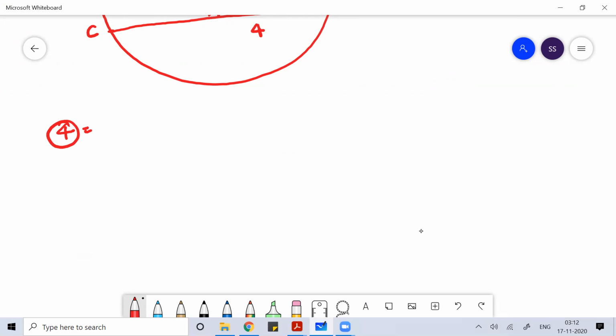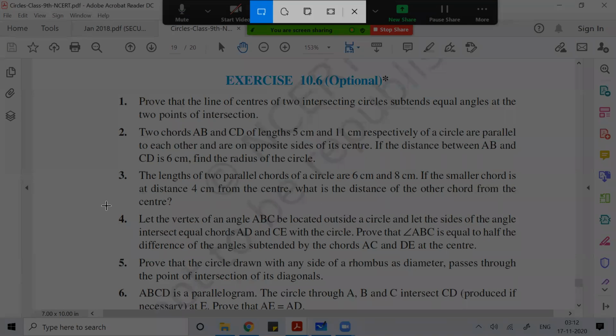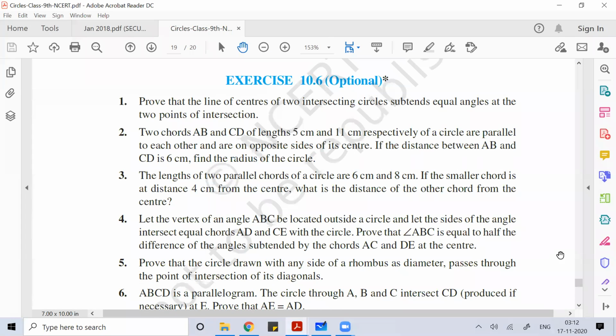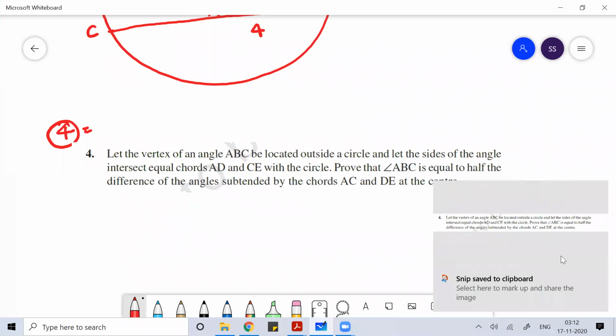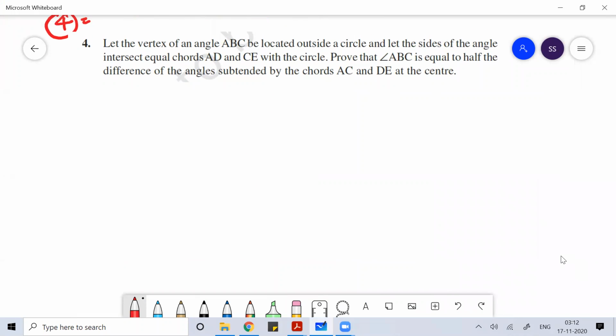Now we'll see question number 4. Let the vertex of the angle ABC be located outside the circle, and let the sides of the angle intersect the circle at equal chords AD and CE.